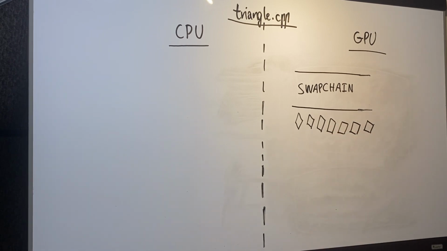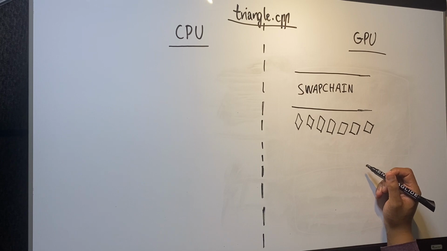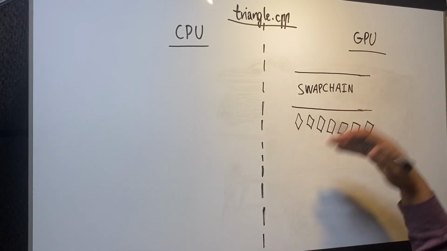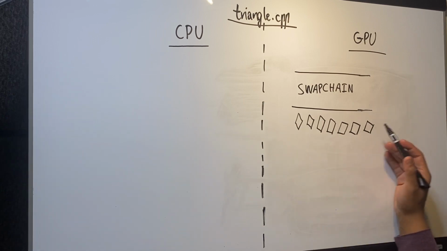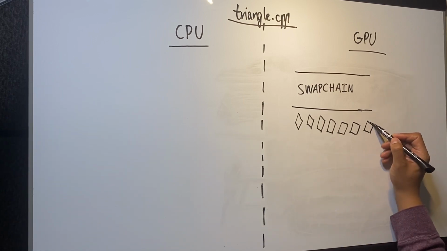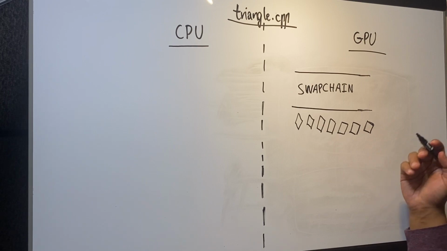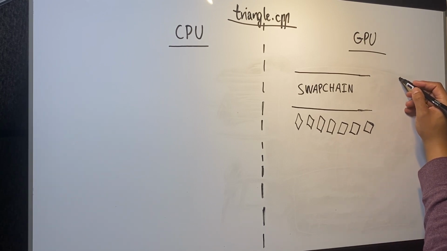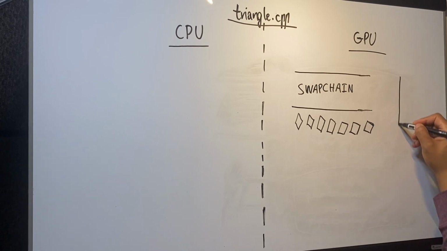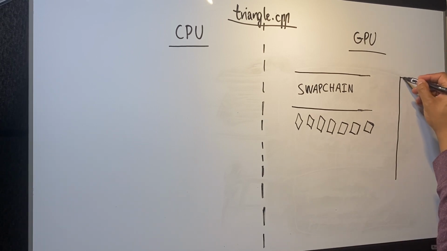And then what has to happen is that the Vulkan API lines up these images, these frames, and then it presents them to the screen. So I'm just going to do this right here.